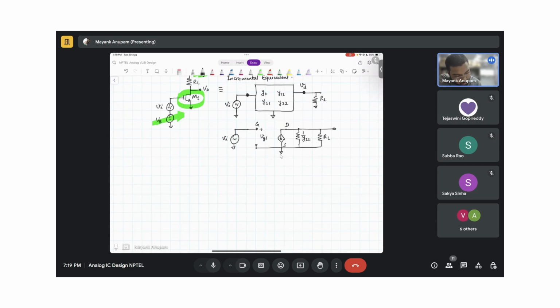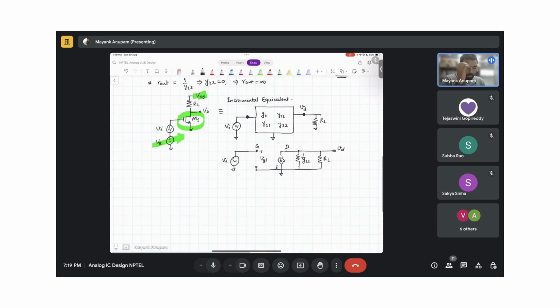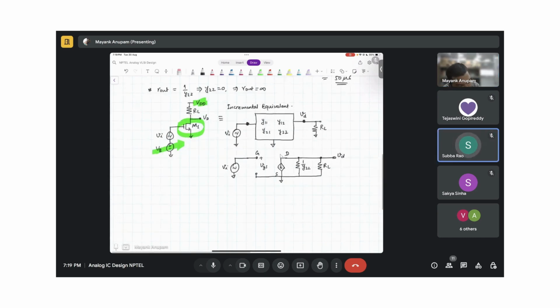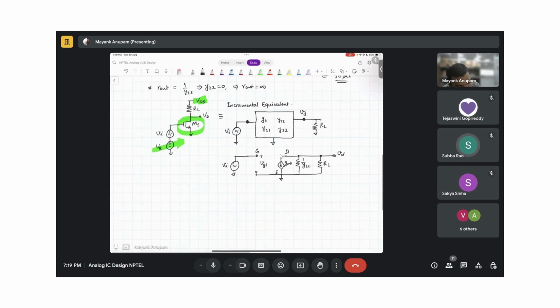This is our source. This is source. So this is VD, VI. Is this understood? Yes, sir. Yeah, good. This is GM times VGS.